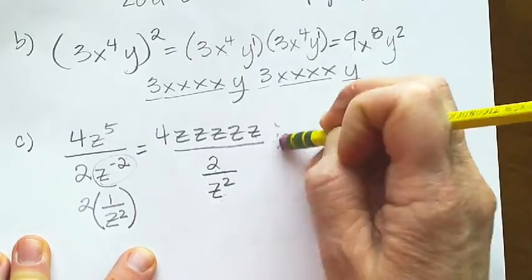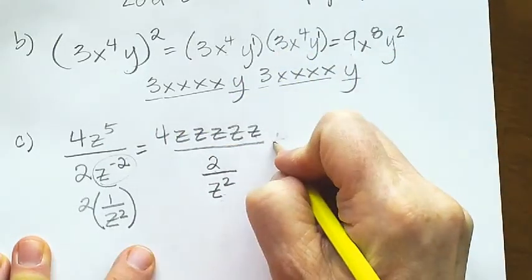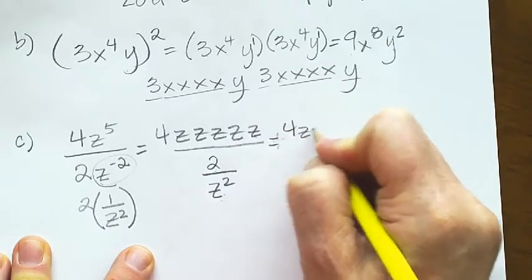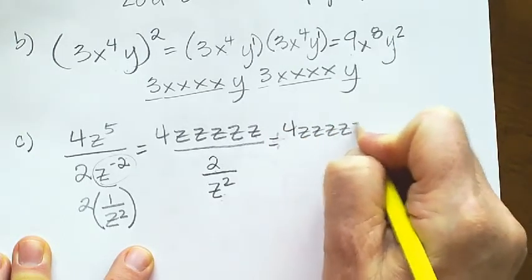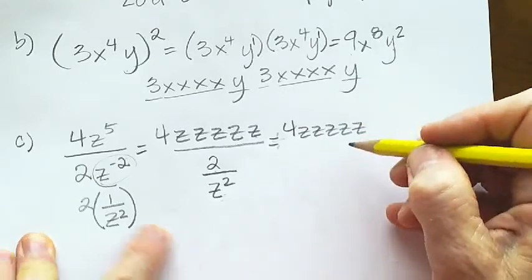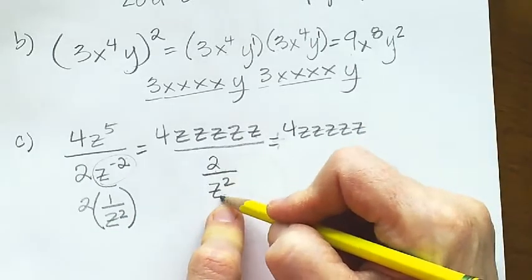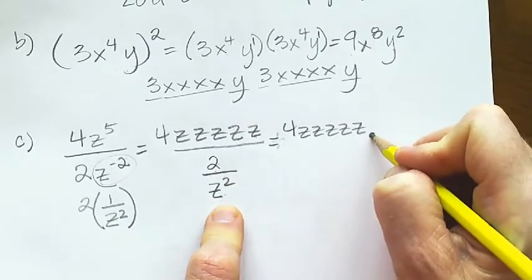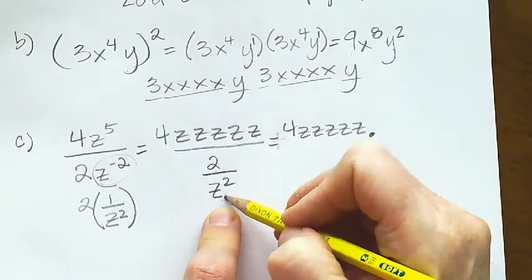Okay, so now we've got 4z to the 5th divided by 2 over z to the 2nd, which is going to be times the reciprocal.